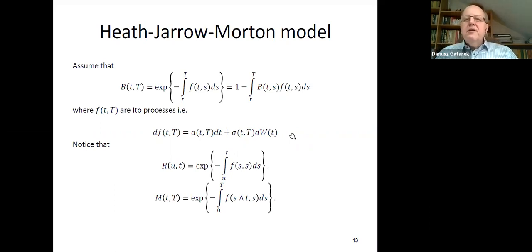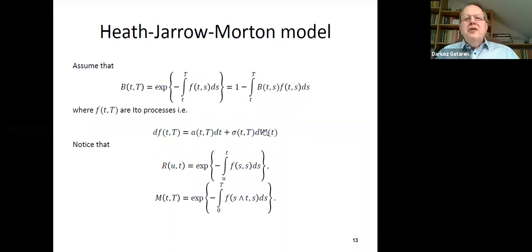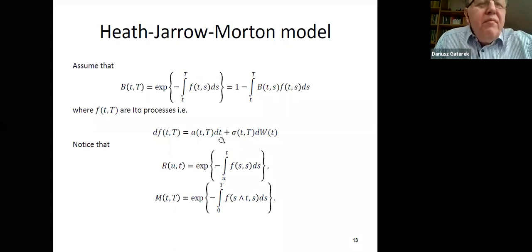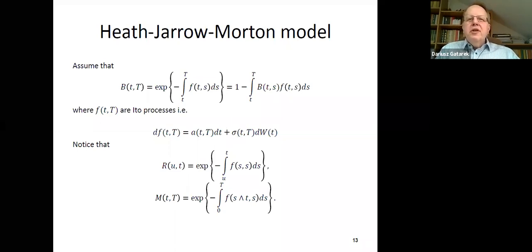This is not really an assumption practically, because all the important processes are Itô processes. Yes, I know fractional Brownian motion is not, but this is just an assumption. It is tractable. It is continuous, there are no jumps, and it's got a stochastic differential. A and sigma are stochastic processes, so there is no assumption about that.